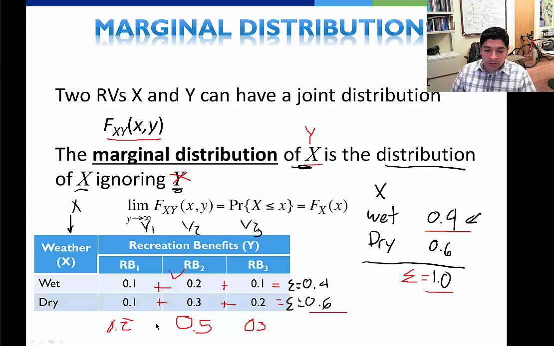And if we add all of these, the golden rule is that all of the probabilities must add up to 1. So this will be the marginal distribution of y. This one here is the marginal distribution of x. This is the marginal distribution of y.